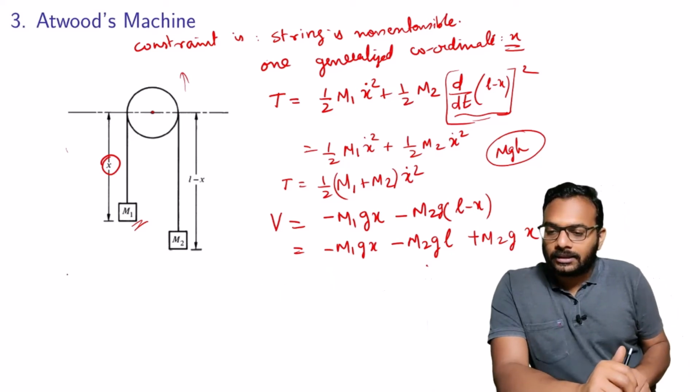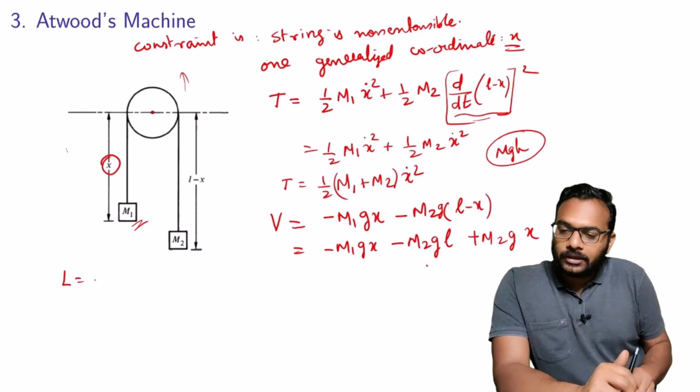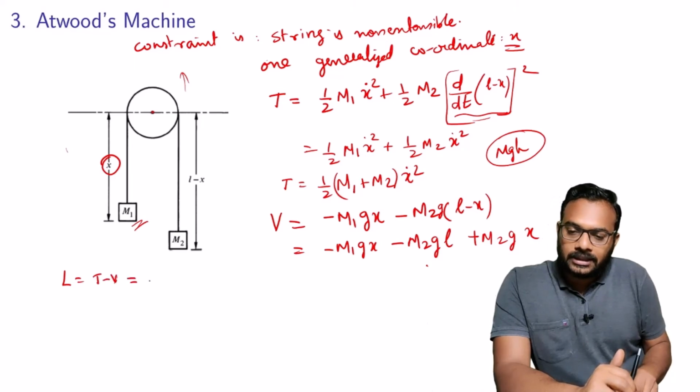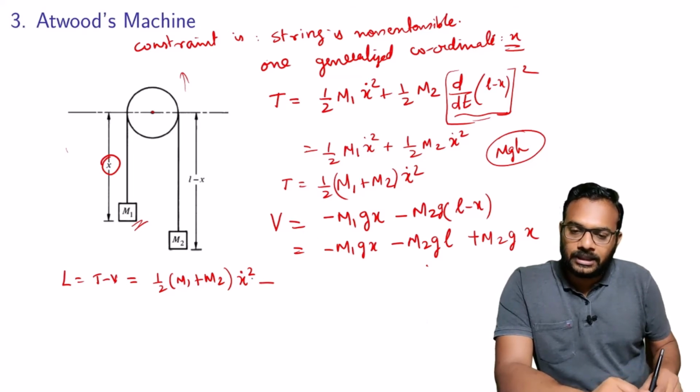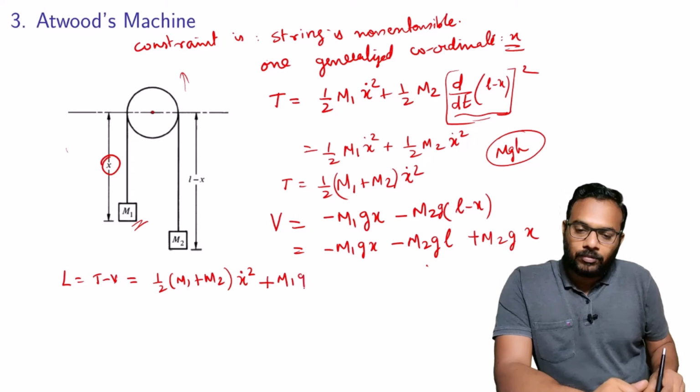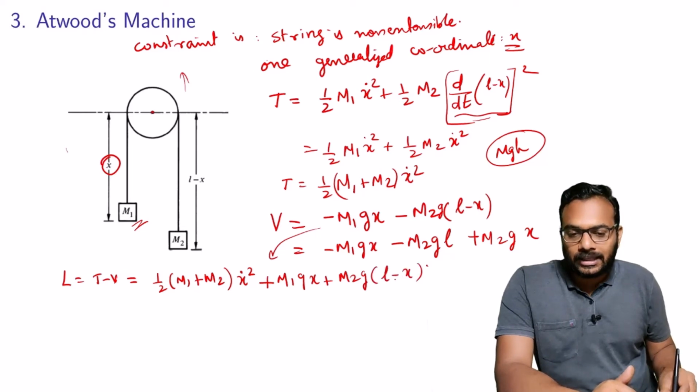I'll write it here so that it's easier. So L equal to T minus V, that's equal to half (m1 plus m2) x dot square. Since it's T minus V, this becomes plus m1 gx. You can just write from here, right, plus m2 g(L minus x). You see that there's a minus sign here.